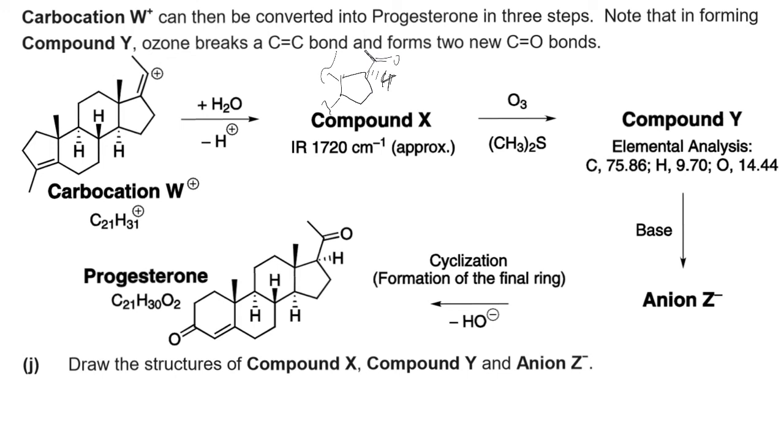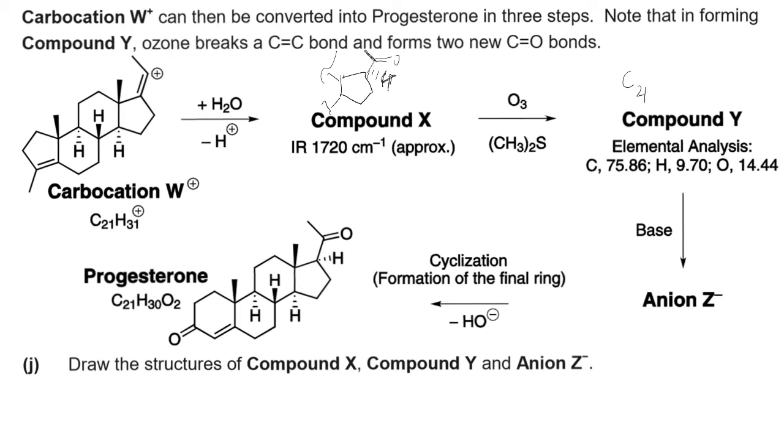The information we're given about compound Y might not seem that useful because we're given the elemental analysis, which just means the percentage of the individual elements present by mass. But because we know the number of carbons in these molecules, because the carbon skeleton doesn't change, we can actually work out the full molecular formula from this. So we know that the number of carbons was 21 to start off with. It's going to be 21 in the end.